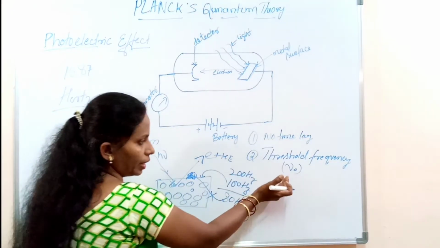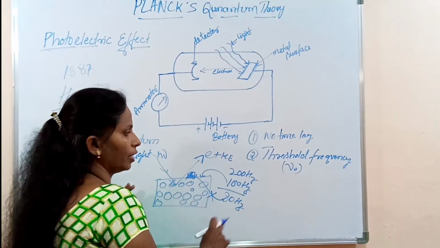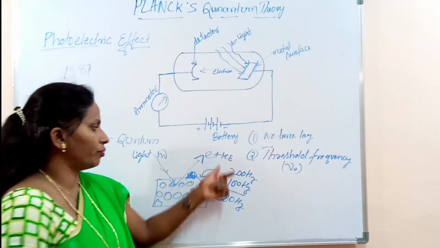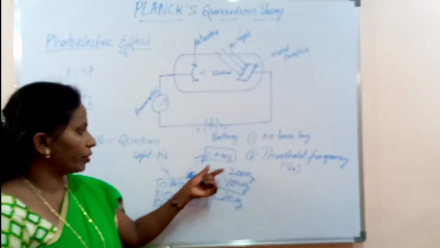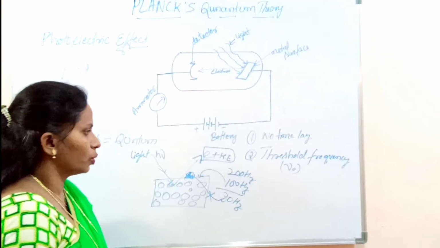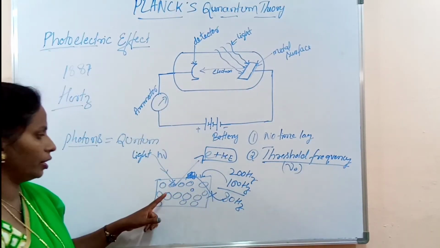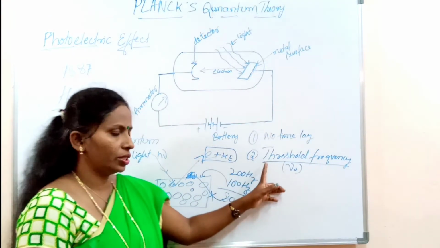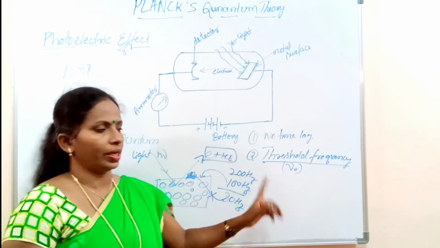So if we allow radiation with frequency more than threshold frequency, the excess appears as kinetic energy. This minimum frequency is required to be incident on the metal surface, and this threshold frequency depends on the nature of the metal.